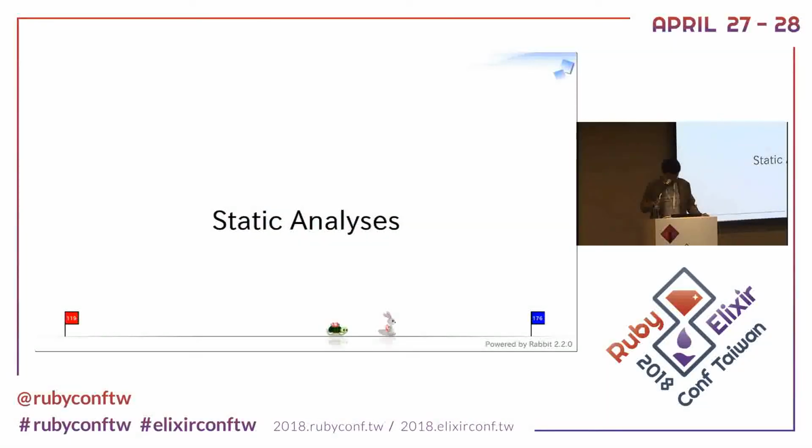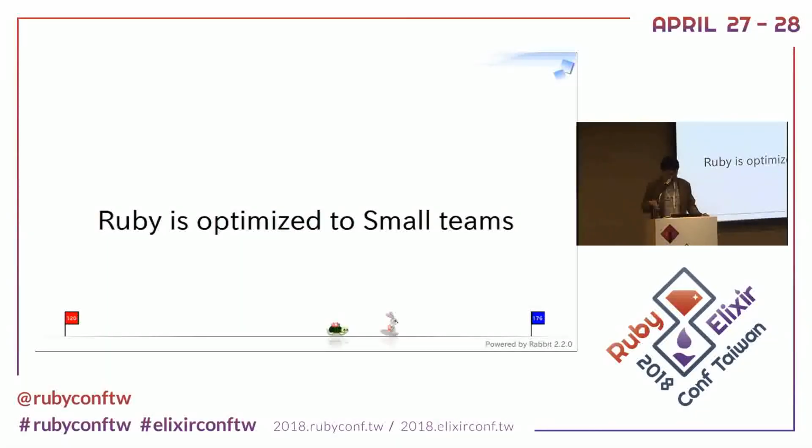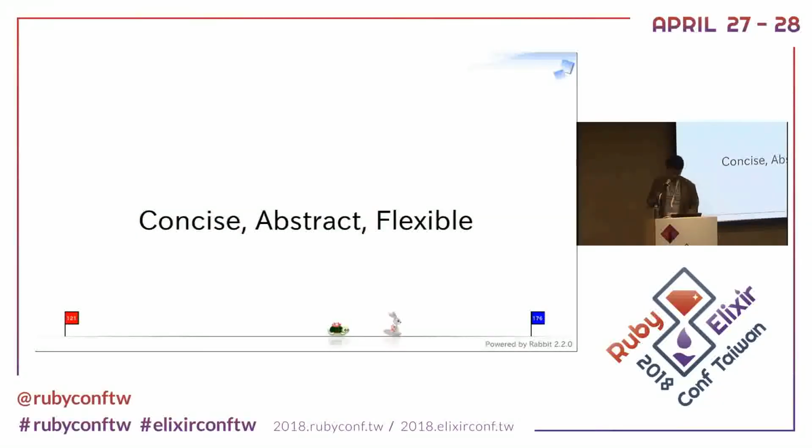Static analysis. Ruby is actually optimized for small teams. The concise, abstract and flexible aspects of the language benefit those kinds of small teams. But as the team size and the program size grow, things get more and more complex.